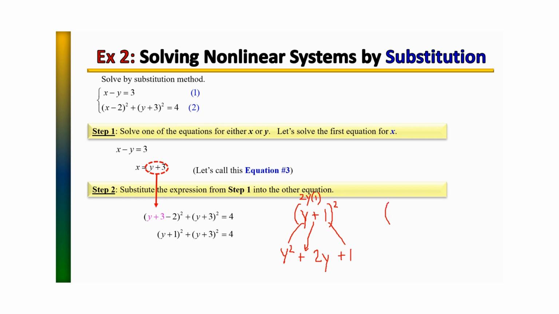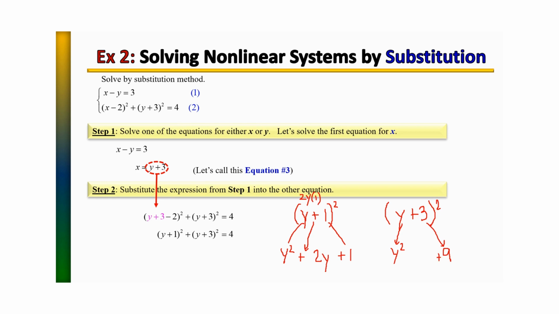I'm going to do that for the next term so you'll see what it looks like. y plus 3 squared means you have two of the same thing, but we're going to use the square binomial method, which says square the first term, and square the last term. 3 times 3 is 9. The last term is always positive.